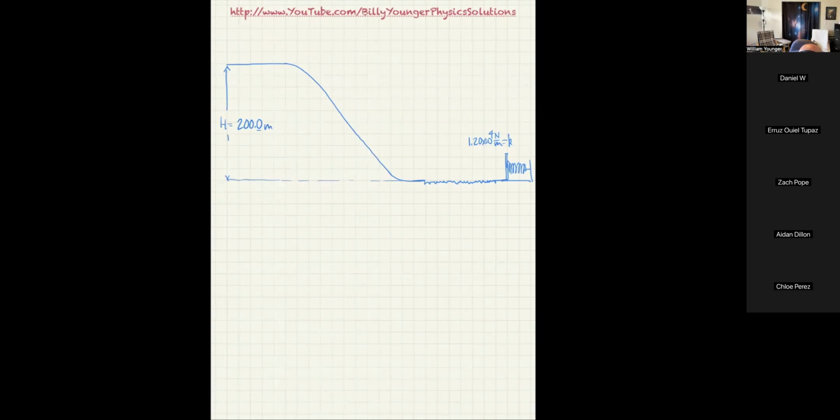Notice I put that extra zero there so that everybody would understand I definitely got three sig figs here. I try to always use a minimum of three sig figs. Over here, I'm going to say mu kinetic is actually equal to 1.11.